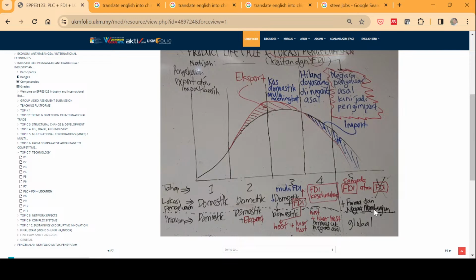So a product, the profit level of innovation is greatest shortly after its introduction, which is the super profit in stage 2, derives from the monopoly position held by the innovator. It's from the first mover advantage.